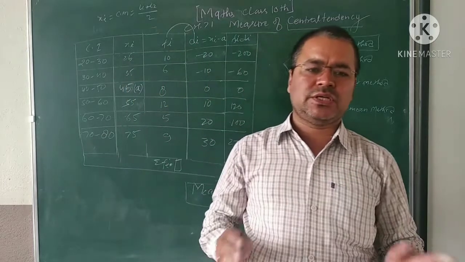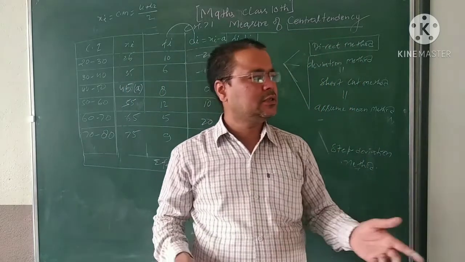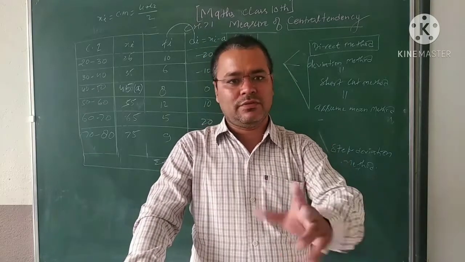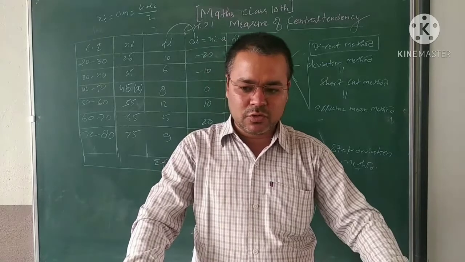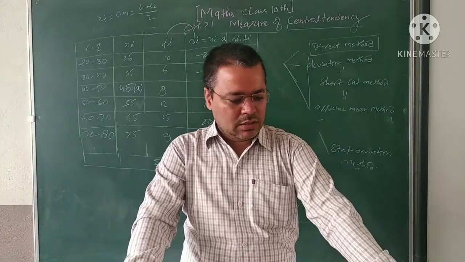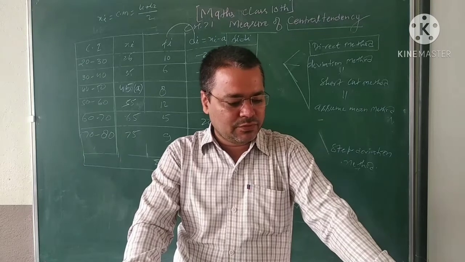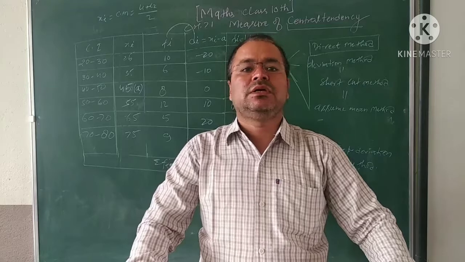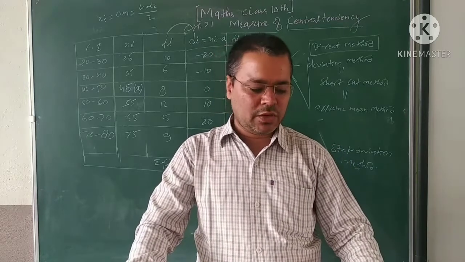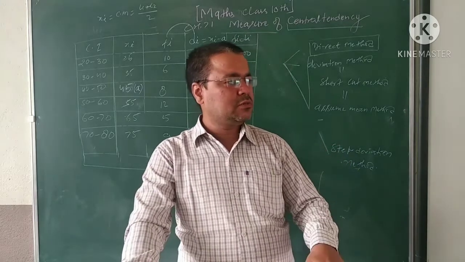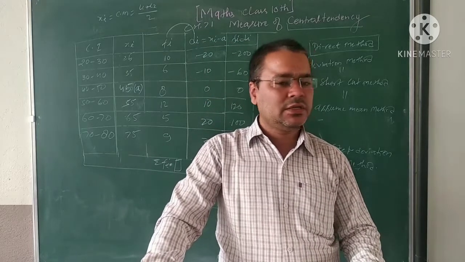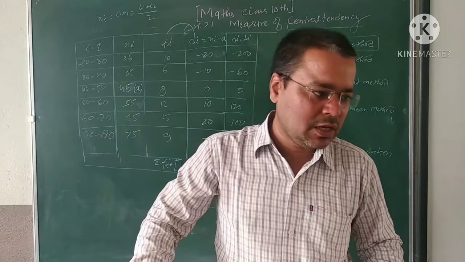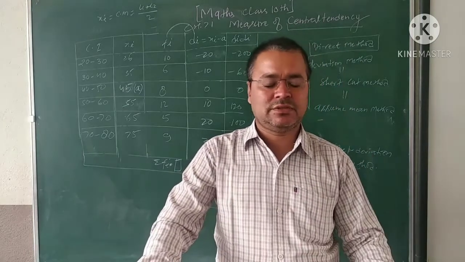Maybe one question is given, and the question is: find the mean using all three formulas. One example is given in your textbook: find the mean of the following frequency distribution by direct method, shortcut method and step deviation method. The method will be the same. The question may include a class interval, or it may be a discrete group.